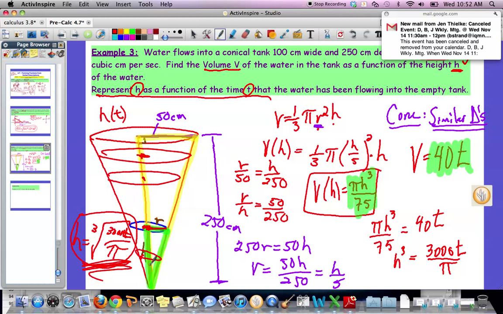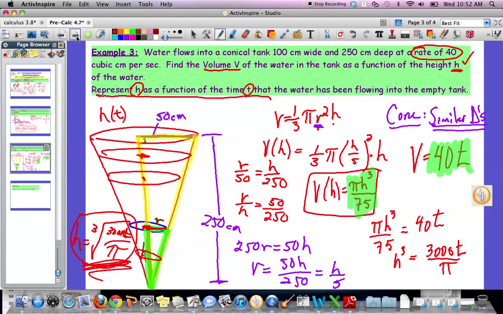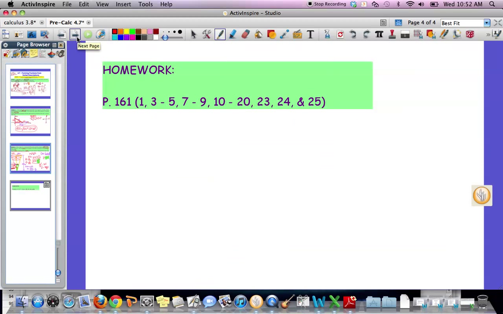Okay, here's the plan. We're going to work on these problems. This is going to take us a little while. And because of the musical, I'm going to give you tomorrow to work on that. And I'm going to give you Friday to work on that. Because I know we've got some people gone.